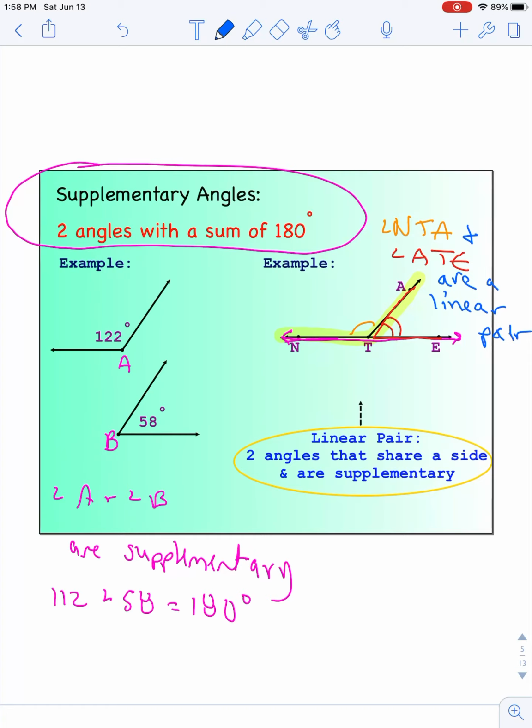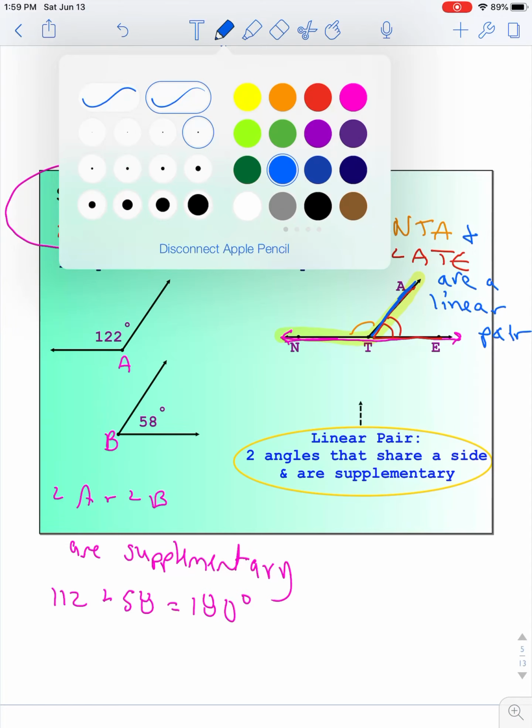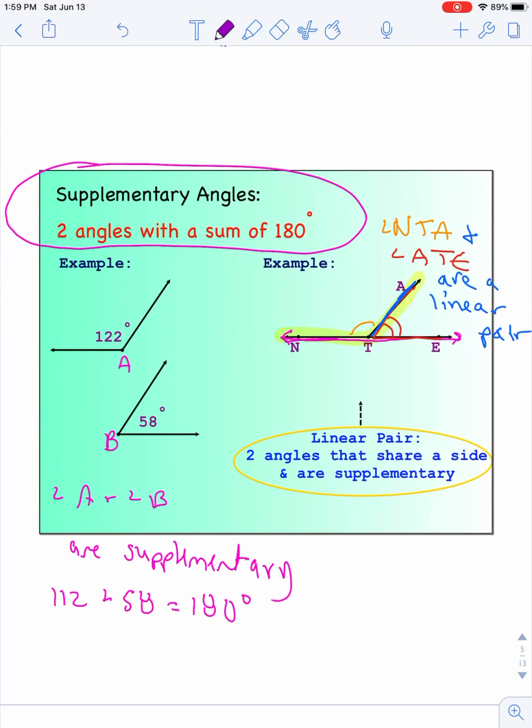A linear pair is two angles that share a side and are supplementary. So the side that these angles both share is right here. That ray TA is shared by both angles and they form a straight line. And it kind of describes itself if you think about it. A lot of students miss this, but linear means line, and a pair is two.